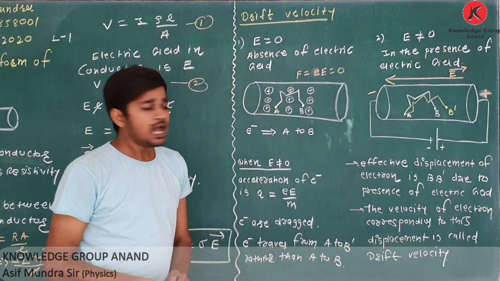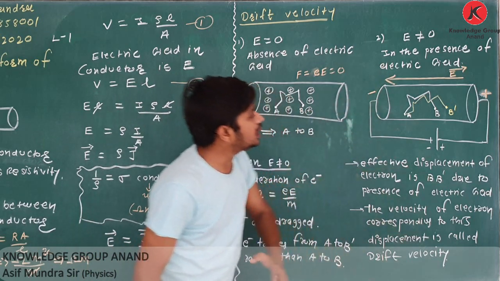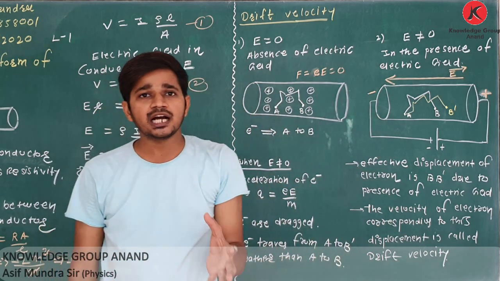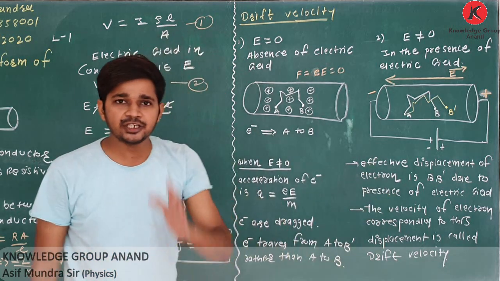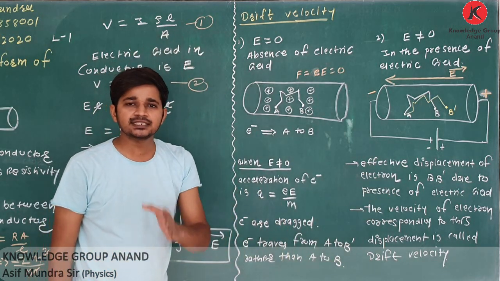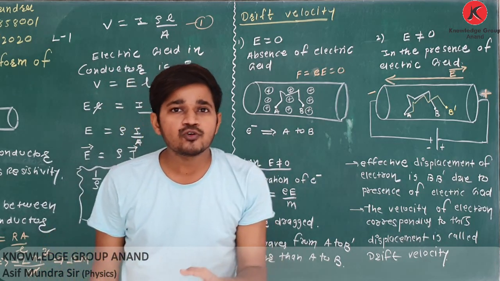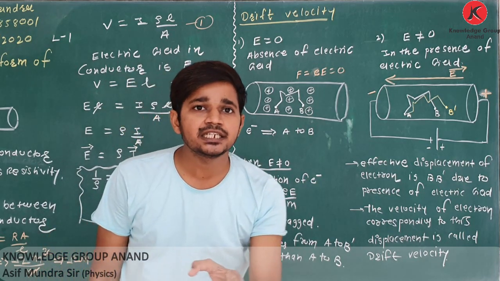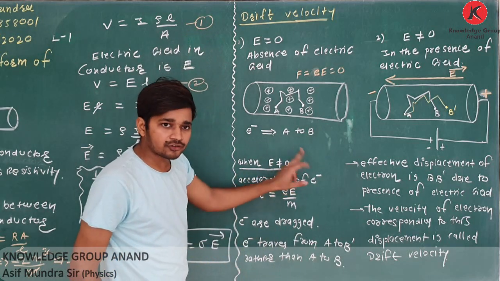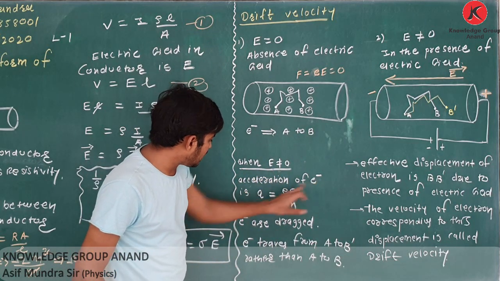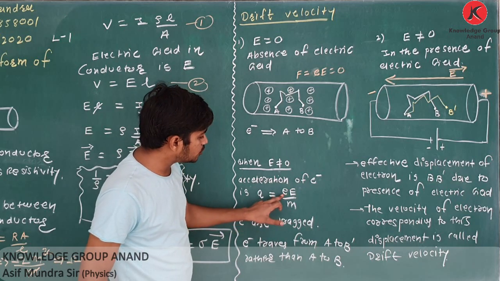Clear? And due to this electric field, negatively charged electrons experience some force, and due to the force they perform accelerated motion. So when electric field is not 0, acceleration of electron is a = eE/m.